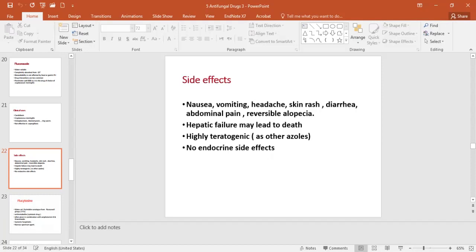The side effects include nausea, vomiting, headache, skin rash, diarrhea, abdominal pain, reversible alopecia. Hepatic failure may happen, and may lead to death. It's highly teratogenic as other azoles but has no endocrine side effects.